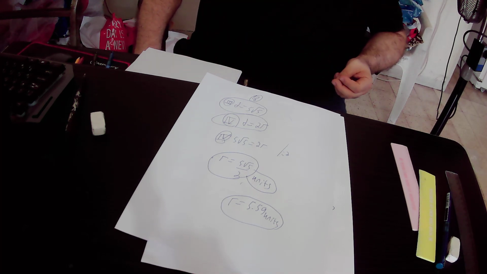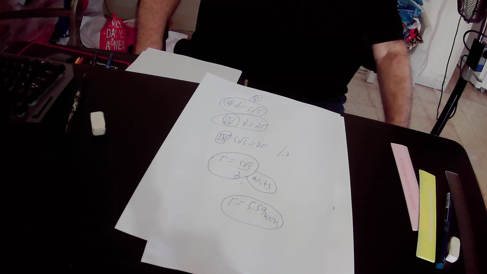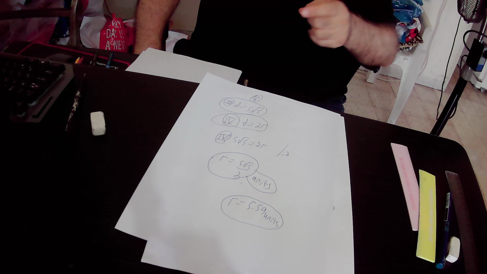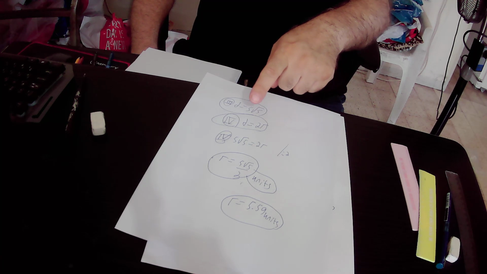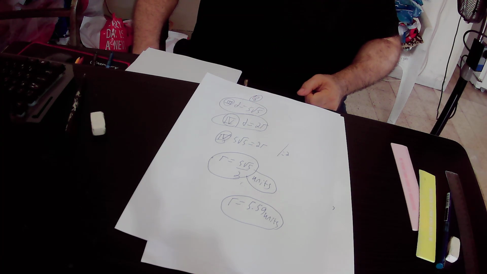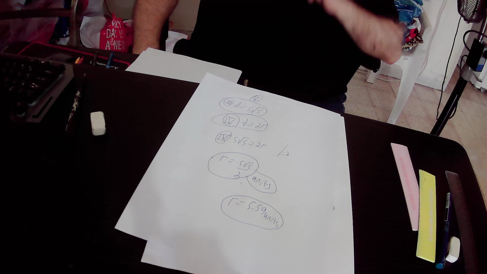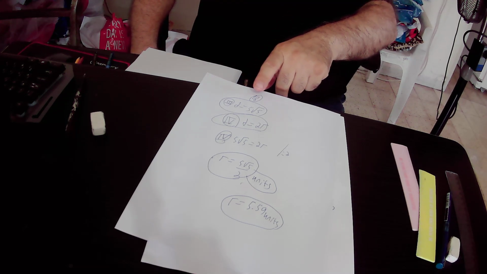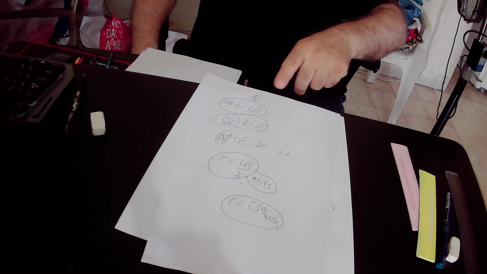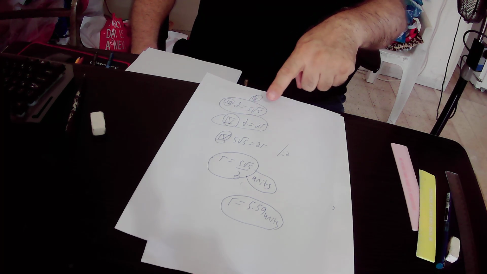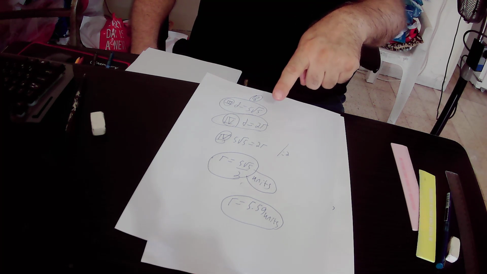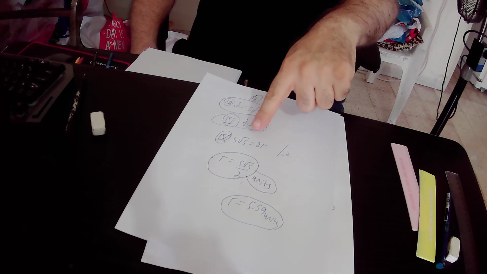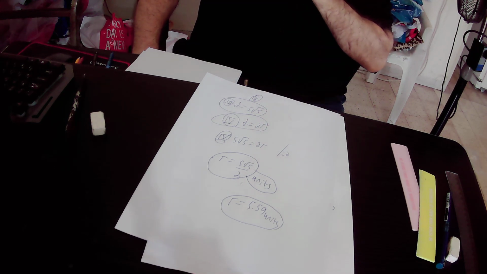But we know that D is the diameter of the circle, and in every circle the diameter equals 2 times the radius, so this is our fourth equation. And the third equation states that D equals 5 times root 5 units. So we can substitute D by 5 times root 5. We substituted D by 5 times root 5, and we got that 5 times root 5 equals 2 times the radius of the circle.